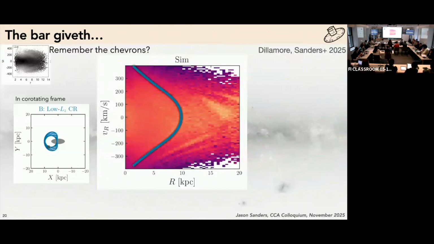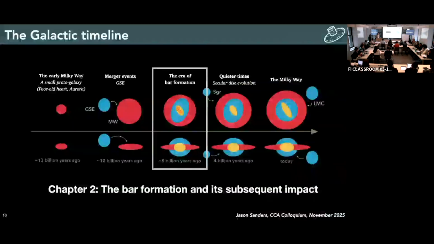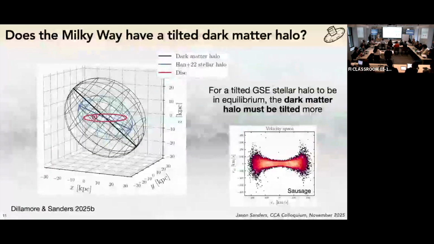Tom, and then something. On the bit where you were talking about the more tilted dark matter halo, I'm maybe just a little bit confused, but why does that not then tilt everything instead of just tilting the GSE bit? Why doesn't the disk tilt as well? Yeah, that's a good question.